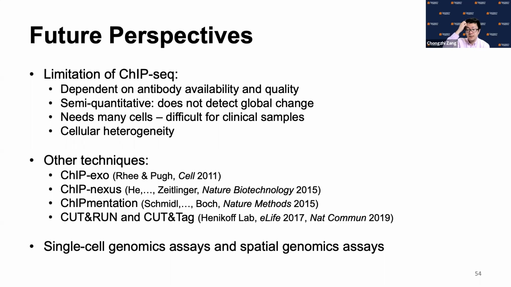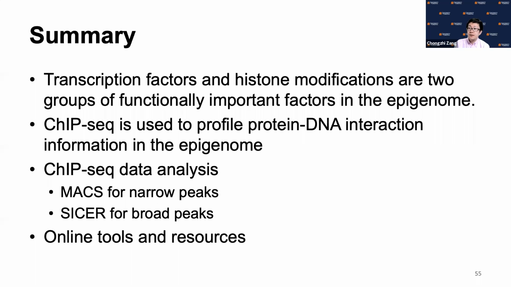In recent years, there have been breakthroughs and a lot of technological advances in single cell genomic assays and spatial genomic assays that can gradually profile the epigenome information at the single cell level, or even with additional spatial single cell resolution. So even more advanced future technologies are being developed.